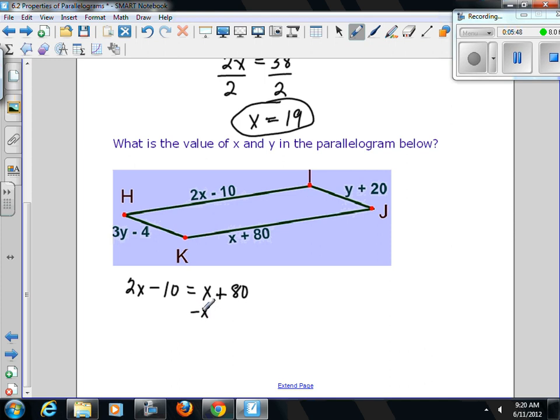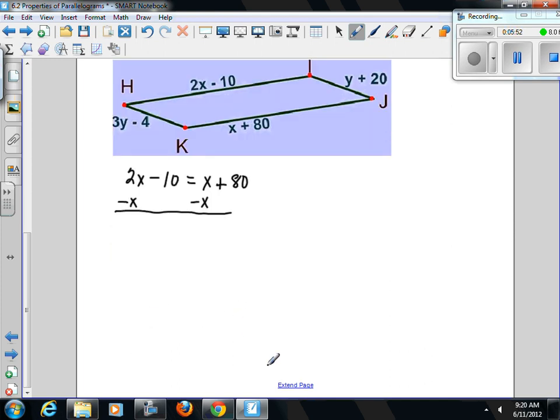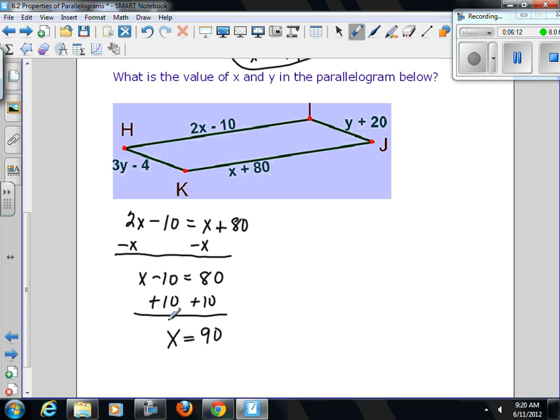We'll get all the x's on the same side by subtracting x from each side. So we end up with x minus 10 equals 80. We're going to add 10 to each side to isolate the x, and we get that x is equal to 90. So there's your value for x.